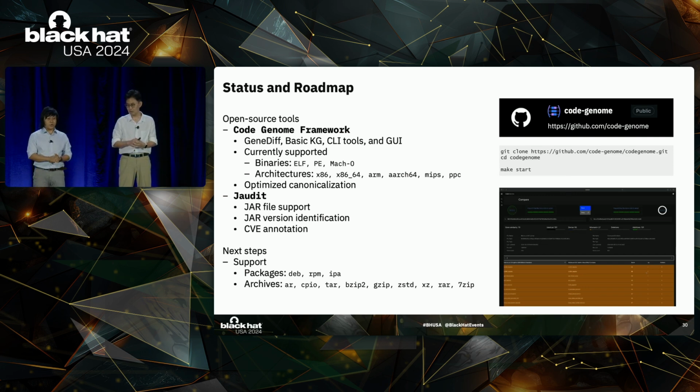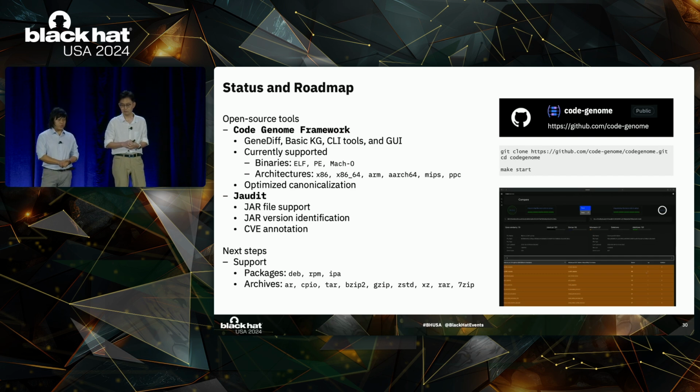It also includes the optimized version of the canonicalization. So here's the link. Please check it out. After you git clone, it only requires running make. There's one command, and in a few minutes you should have this UI you can test with some of your use cases.